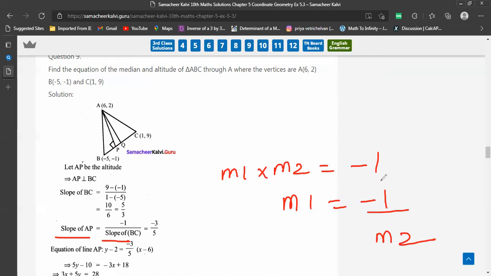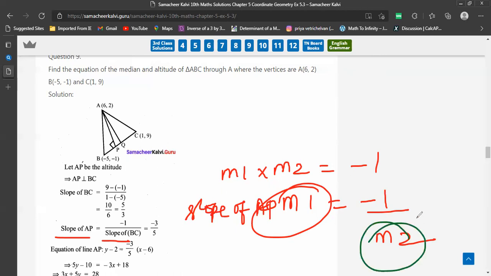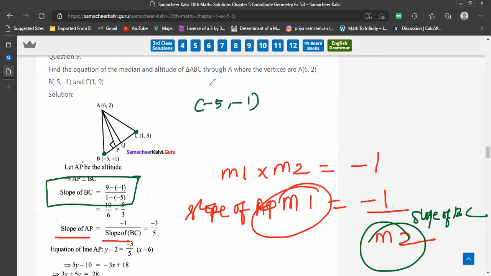So for finding the value of m1, which means the slope of AP, you need to know the slope of BC. Do you understand? Yeah. For finding the slope of BC, we know the points B and C. When B and C are given, B is x1, y1, C is x2, y2.